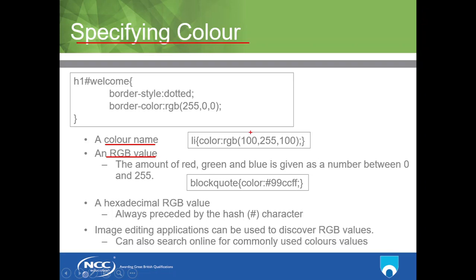An RGB value normally is specified like this: the red value, the green value, and the blue value. So color colon rgb parentheses, then you give those three values. You can also use a hexadecimal RGB value. So for example, hashtag 99CCFF.